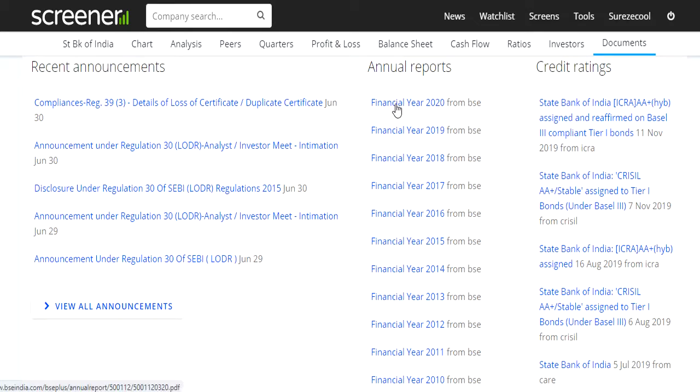If you open this, you can see everything, the mission, the goals, the vision for that company for the next 5 years, 10 years, and what it is doing and what it is going to do in the future. Everything you can see in the financial report, guys. Just open it and read the financial report before investing in any company.